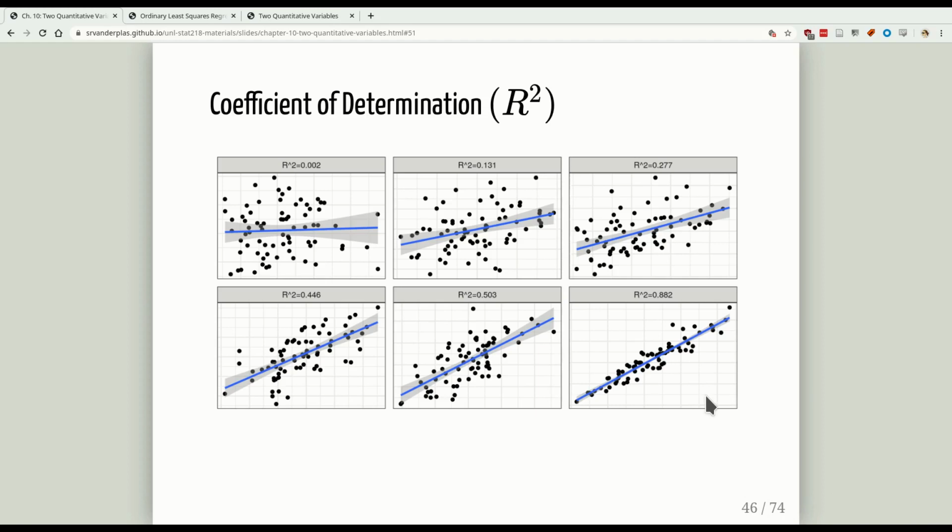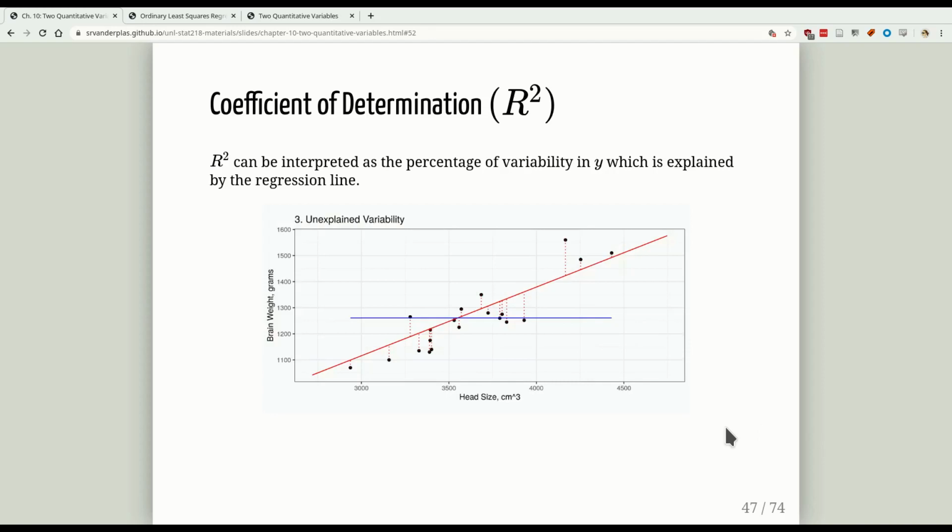Now, there's another interpretation for r squared, which is illustrated in this animation. We start with the total variability in y, so how far each of the points is from the mean. We fit a linear regression and look at the variability that our linear regression explains.